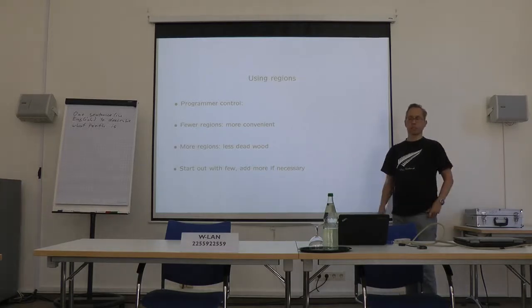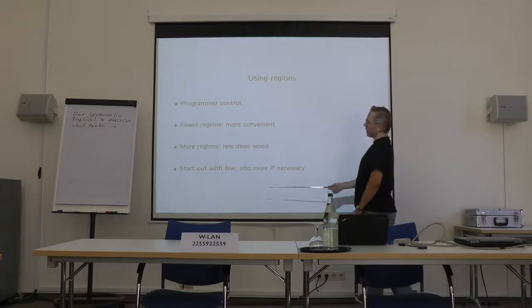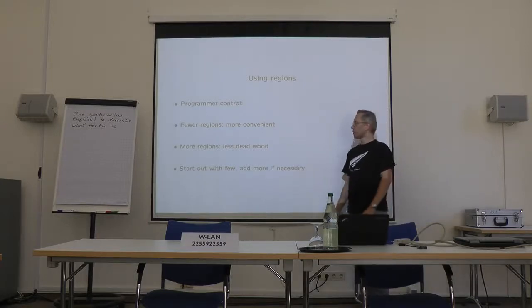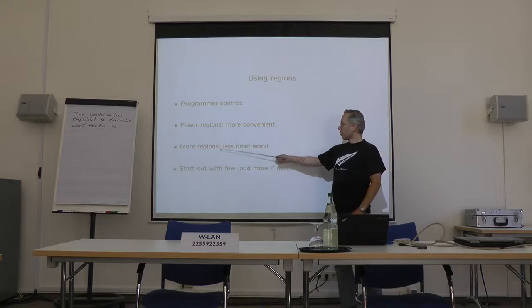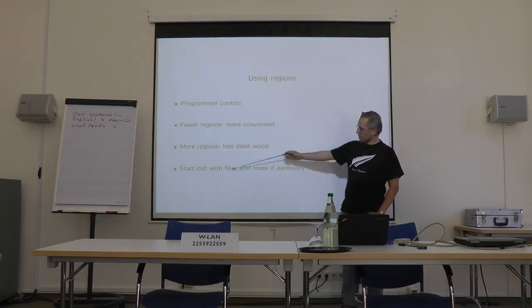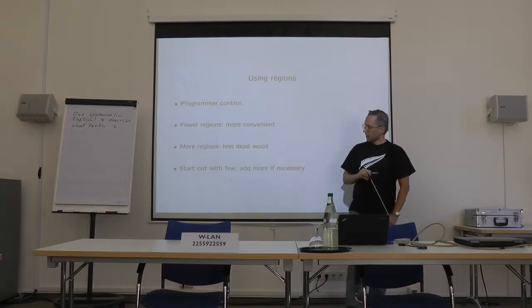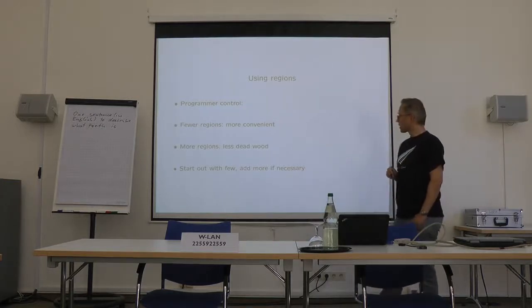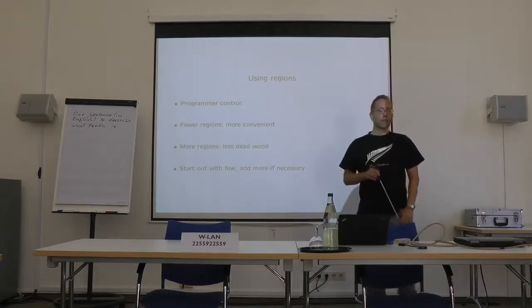But in that case, he might get lots of stale data, bad wood, that still consumes memory but is no longer relevant. And when he finds that this is too much memory consumption, he can introduce more regions to get finer grained control and have less bad wood. So we start out with few regions and add more if necessary.